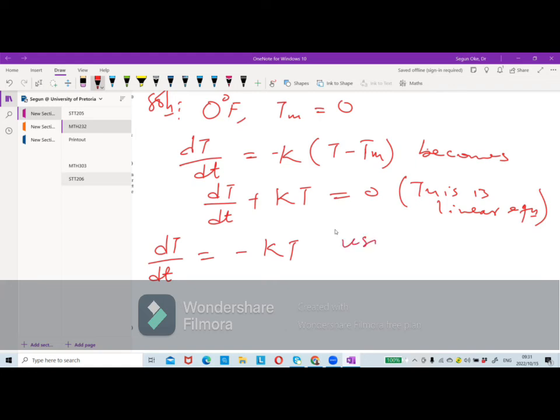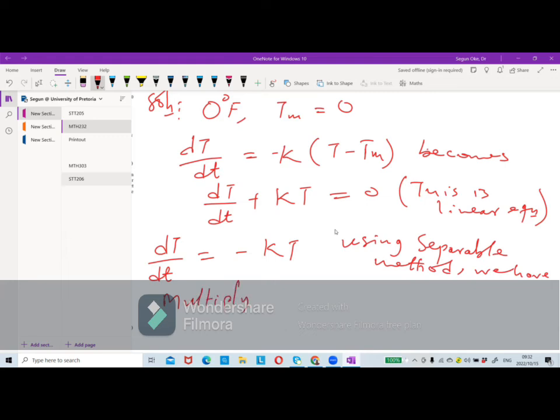So using the separable method, we divide through by what? Or we multiply through, I'm sorry.